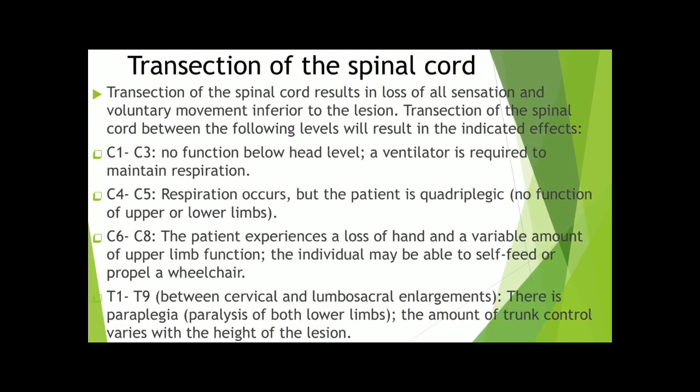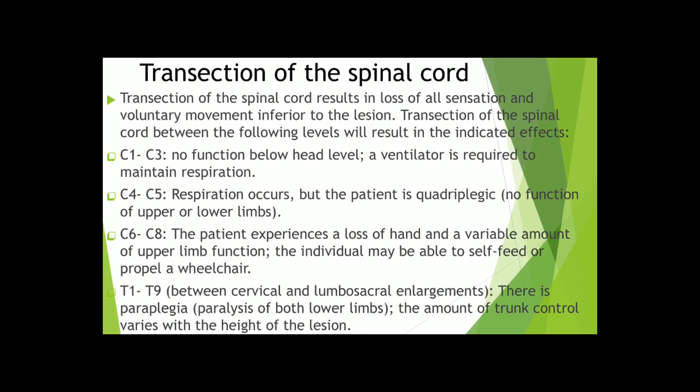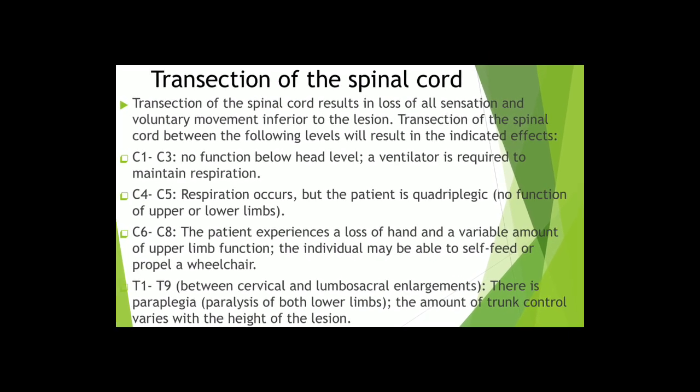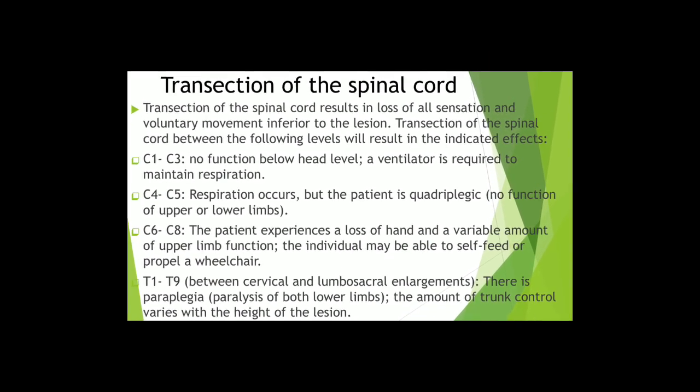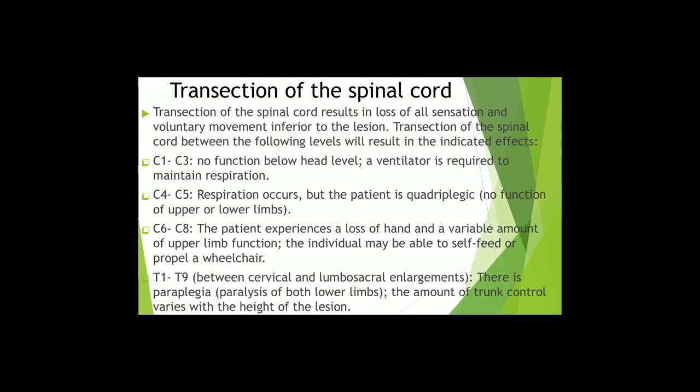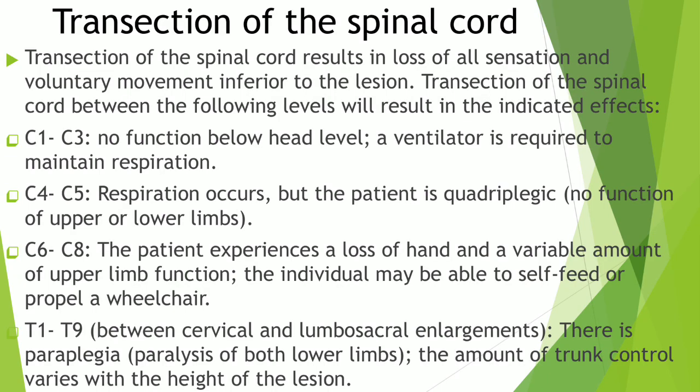What about a lesion at C6 to C8 level? That's between the 6th to 8th cervical vertebrae. What happens there? When you have a lesion there, the patient experiences a loss of hand and a variable amount of upper limb function.